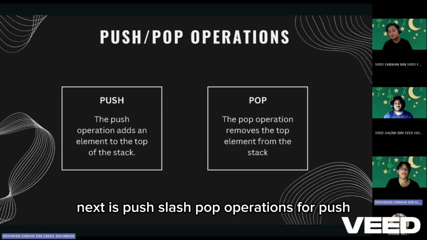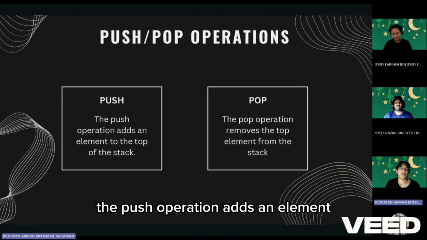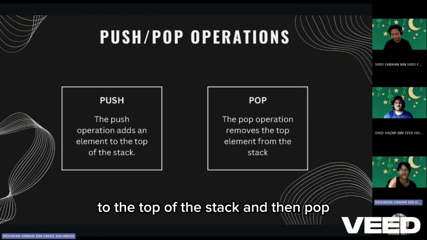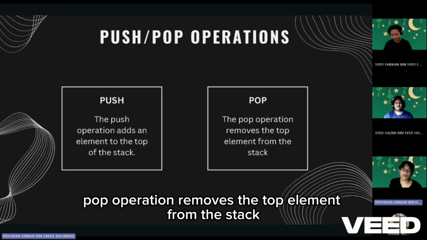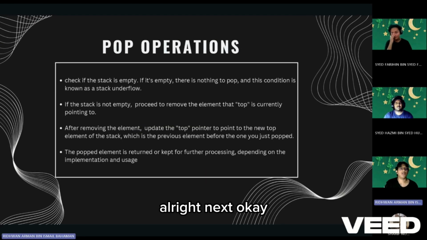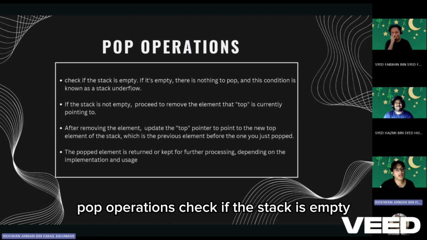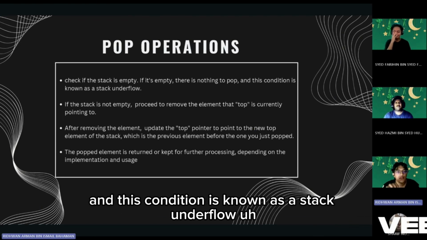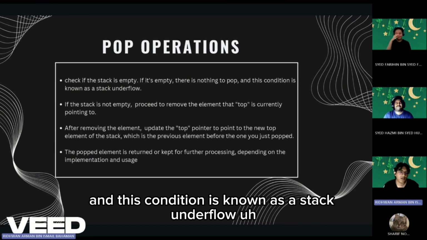Next is push and pop operations. The push operation adds an element to the top of the stack, and the pop operation removes the top element from the stack. For pop operations, first check if the stack is empty. If it's empty, there is nothing to pop, and this condition is known as a stack underflow.